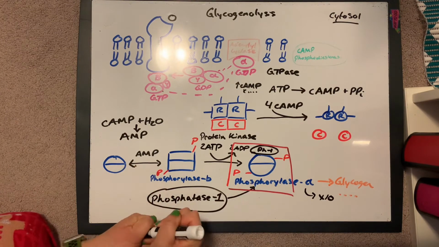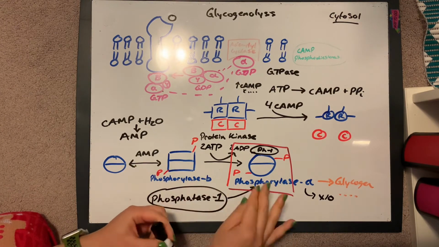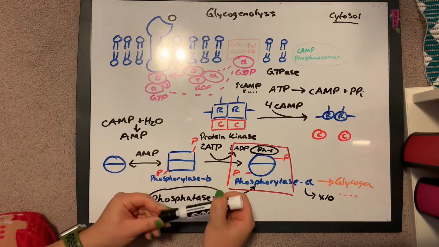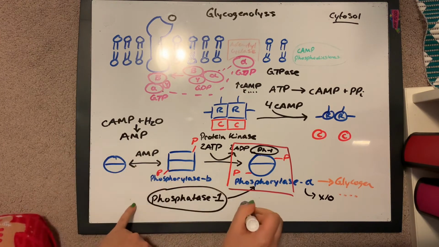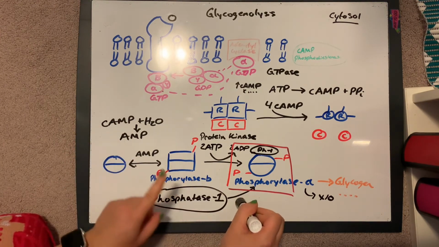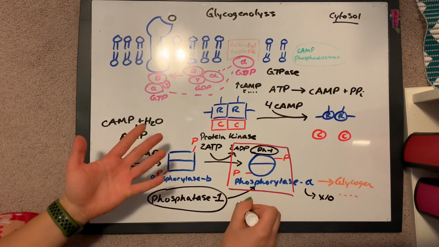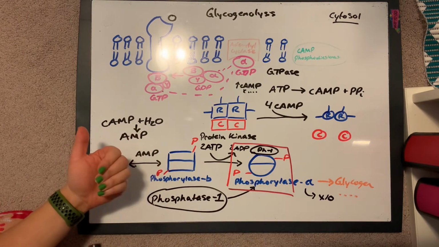So we're going to need a second control to actually put this to a stop. When the blood glucose levels are high, we want to turn off glycogenolysis, because glycogenolysis is the reaction that increases our blood glucose levels. If they're already high, there's no need for this reaction.